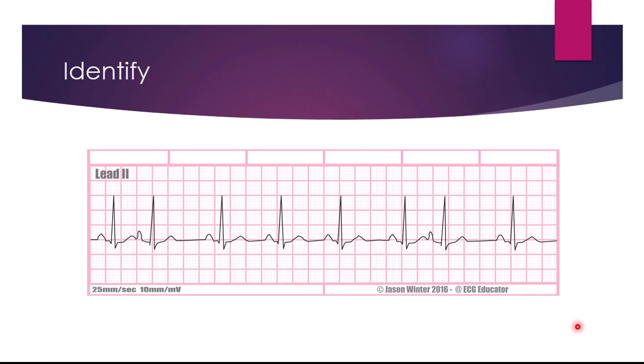What do you notice about the space after the extra beat, the early beat, the ectopic beat? Yeah. So basically what we've got in here, going from here to here, this space is what is known as a compensatory pause.